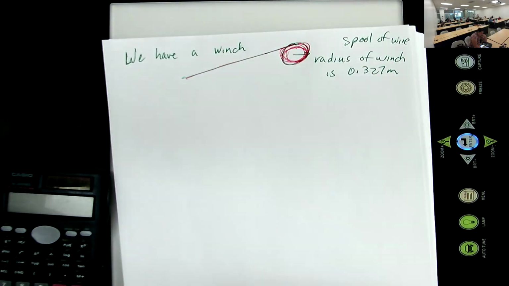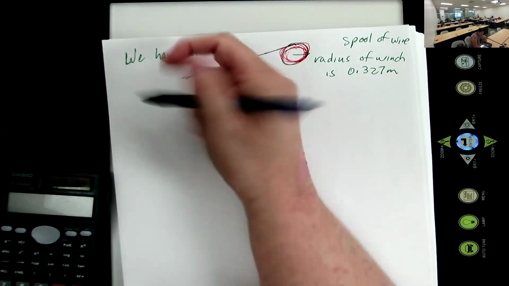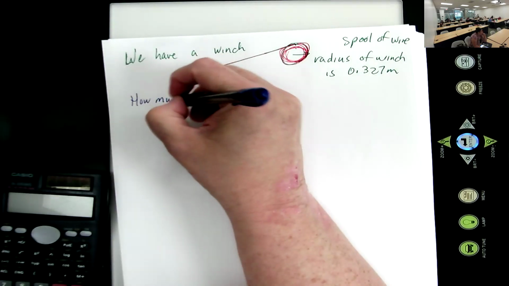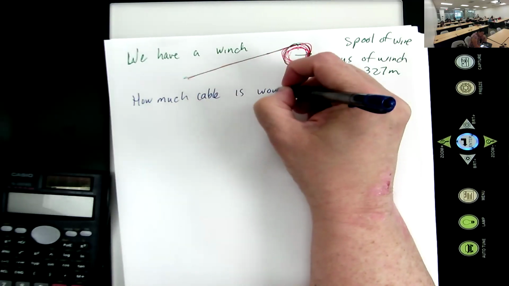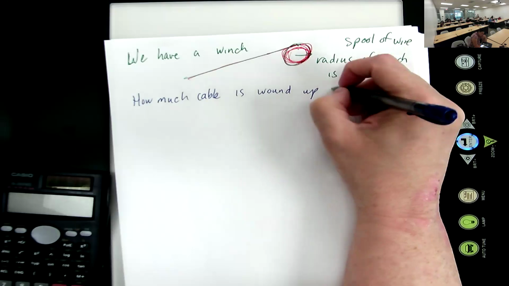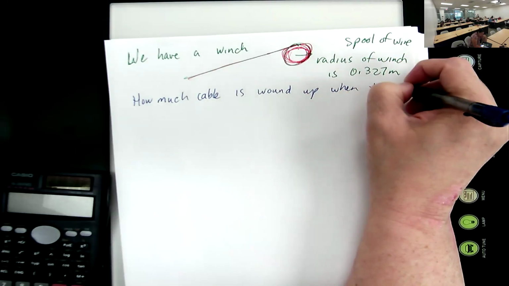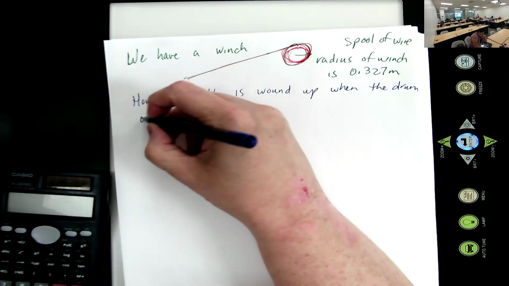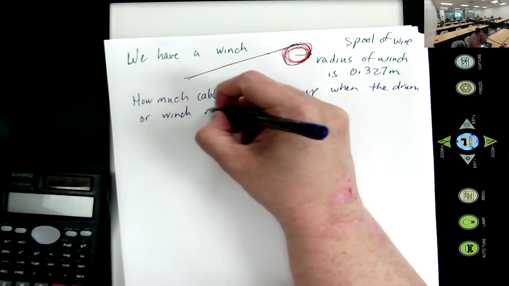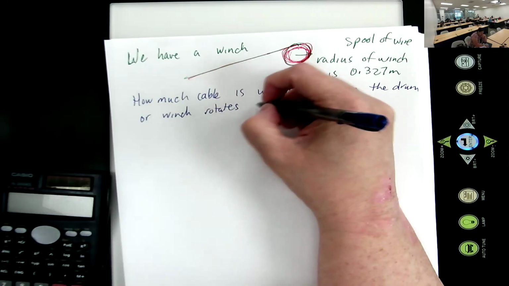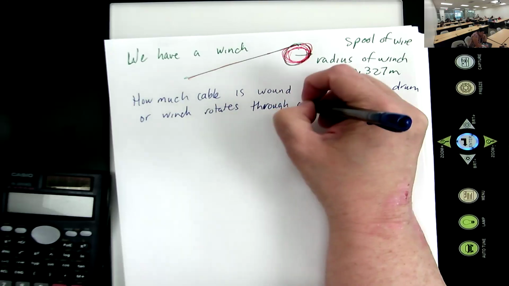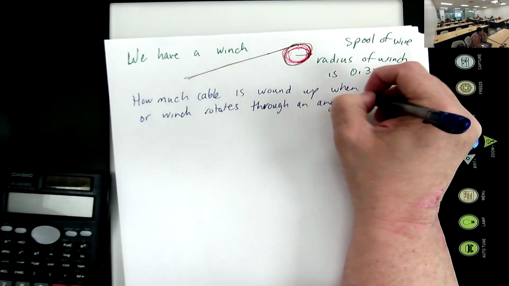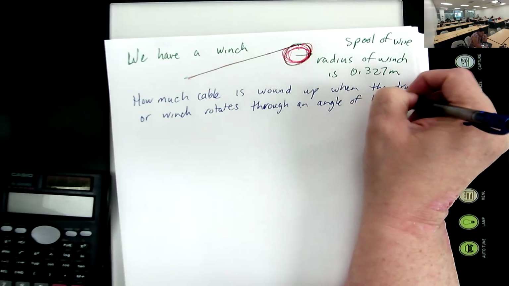How much cable is wound up when the drum or winch rotates through an angle of 132.6 degrees?